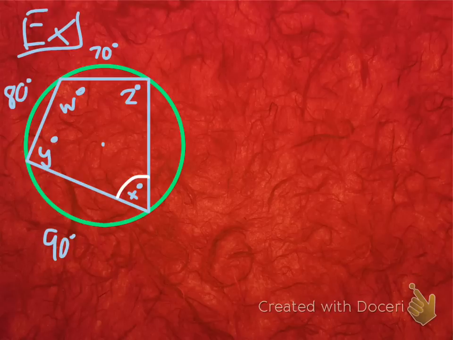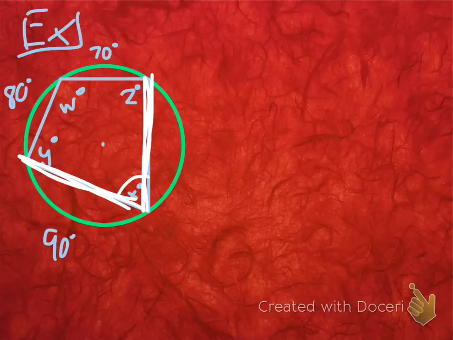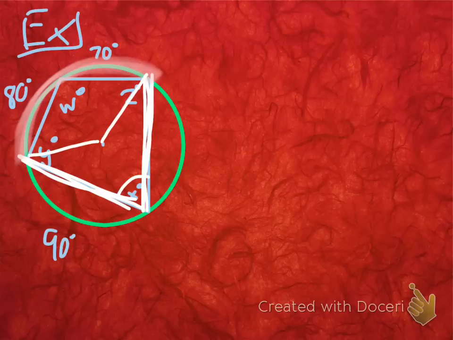So let's first look, what does x intercept? Well, the angle x, if we trace the lines here, there's 1, there's 2, it intercepts this highlighted arc here, right? That's the arc that it intercepts, which has a measure of 150 degrees. So it has a measure of 150, which means the central angle has the same measure of 150 degrees.